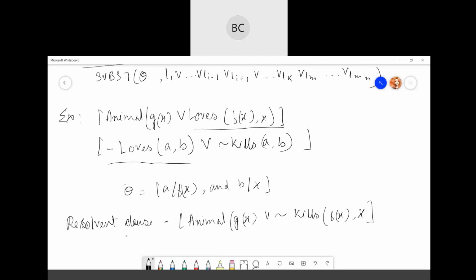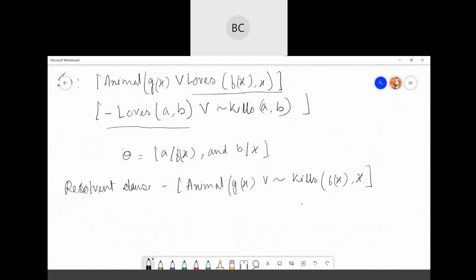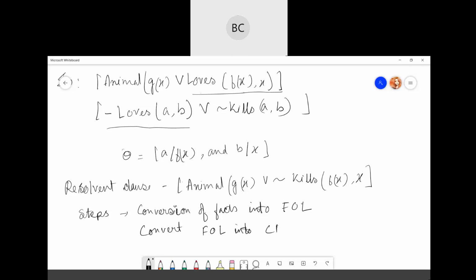Okay. So there are certain steps for resolution. First is conversion of facts into FOL. Then you will convert FOL into CNF. Okay.